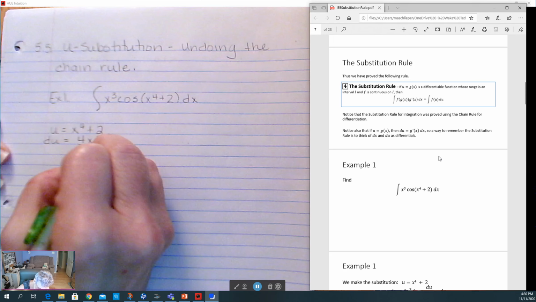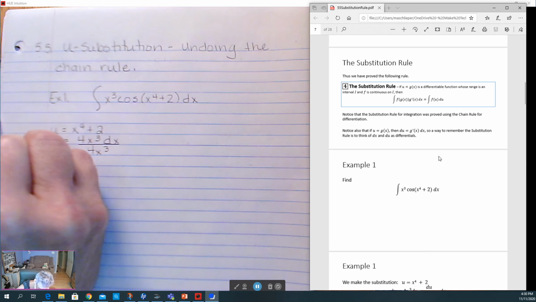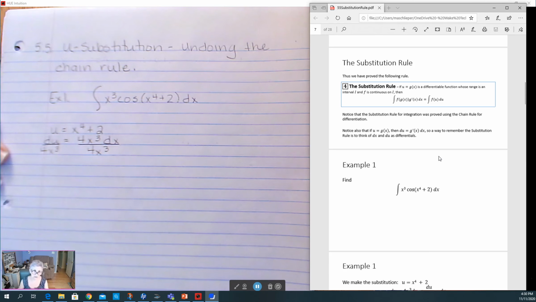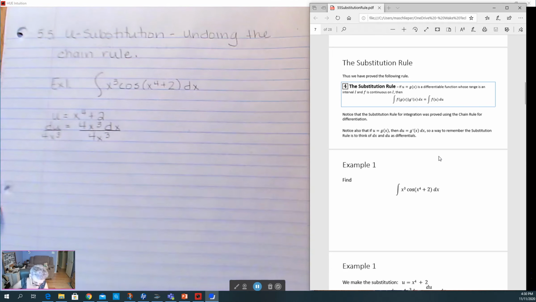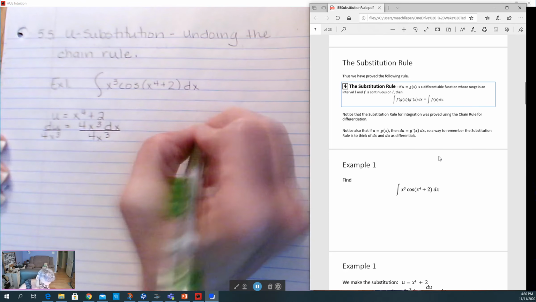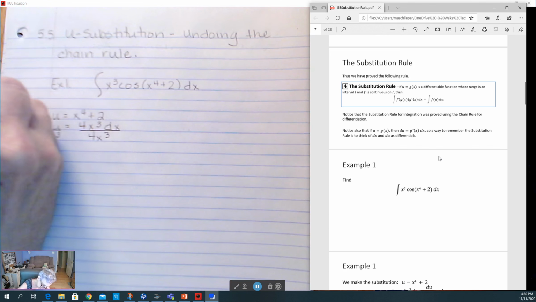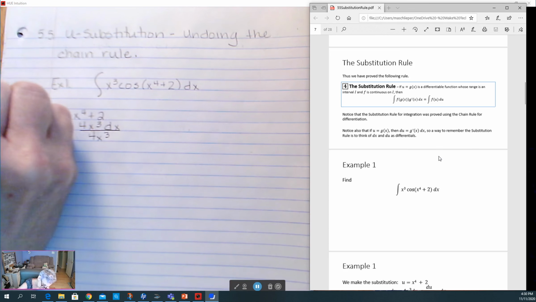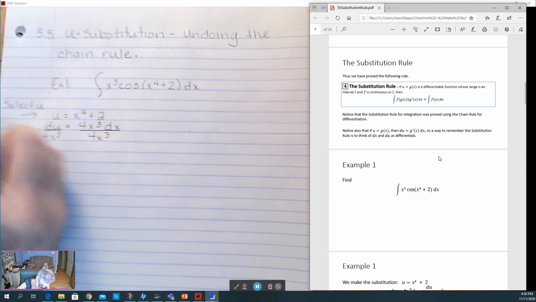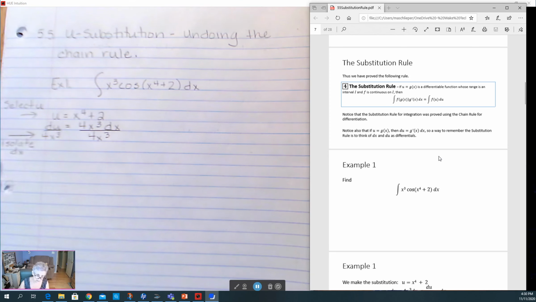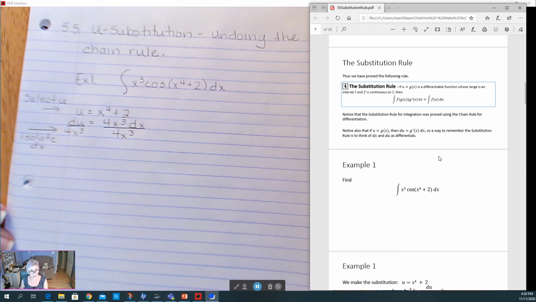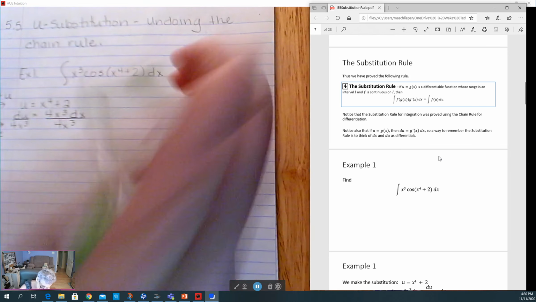So I'm going to divide both sides by 4x cubed. So step number 1 was to select u. Step number 2 was to isolate dx.